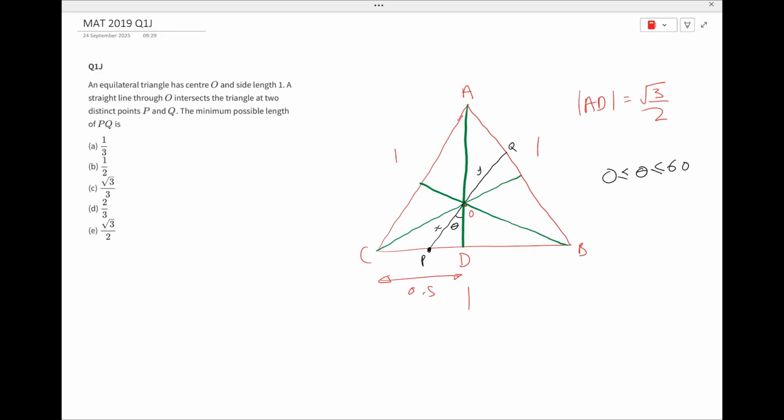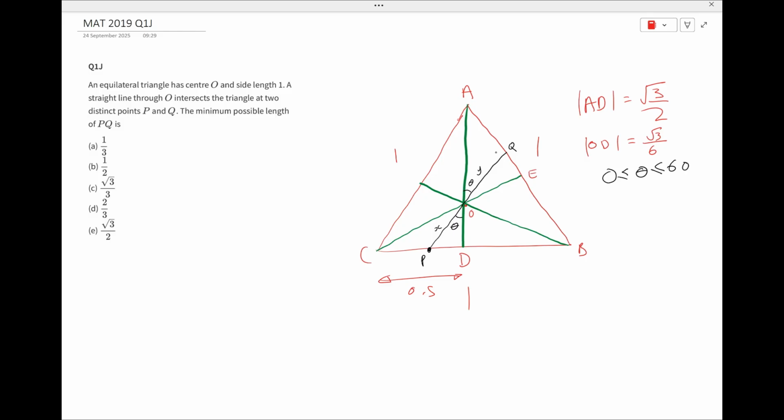Because of this 1/3 issue, we know that OD is therefore root 3/6, and if I call this point E, that is also root 3/6. Now, I've got this angle being the same as that, but I can't really make similar triangles, because these two triangles aren't similar.